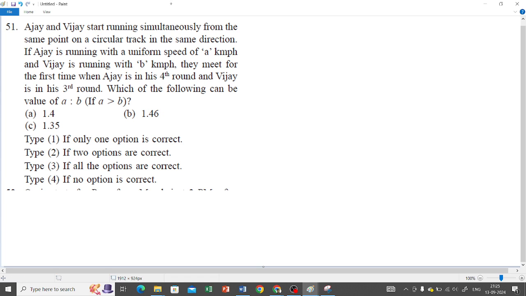Okay, let me do this sum. See, Ajay and Vijay start running simultaneously from the same point on a circular track in the same direction.